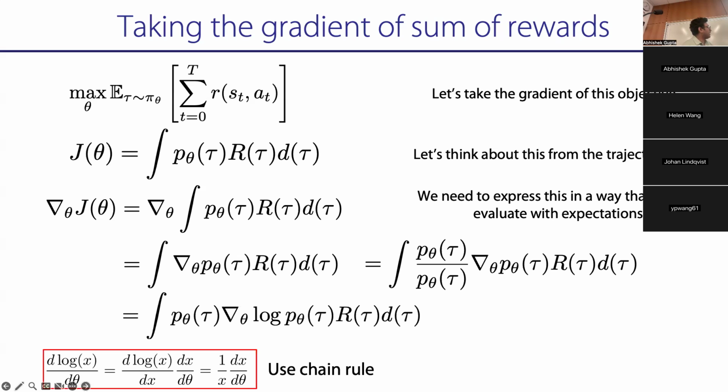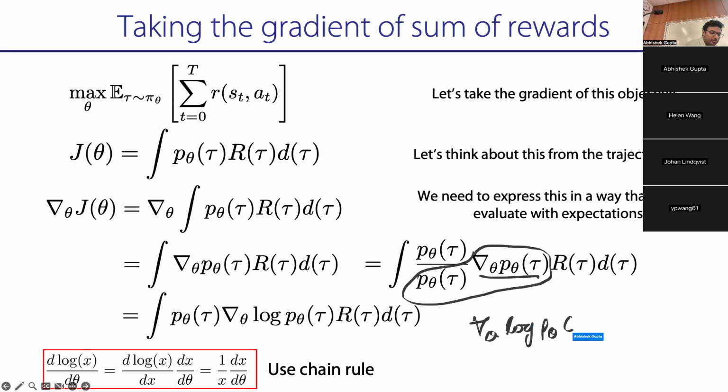Okay, so we multiplied and divided, just regrouped the terms. And then we use the fact that the gradient of the log is 1 over x times dx d theta. And we use that to reconvert this term, grad p over p, you can write it as essentially grad theta log p theta tau, right? Just using the chain rule.